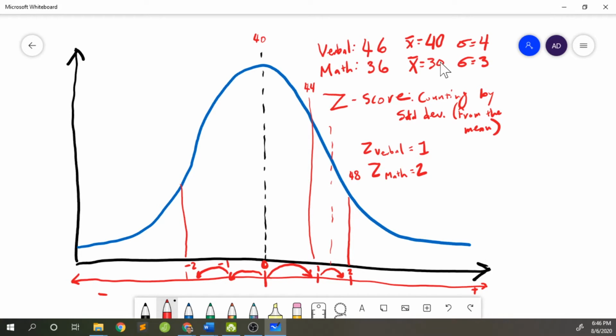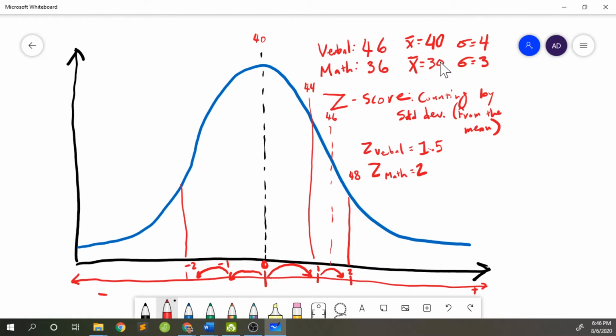We can figure out that we would be at 46, which is exactly halfway in between these two. So instead of a 1, that would be a 1.5. A z verbal of 1.5. Because 40 plus 4 would give you the 1, and then an extra half again would get you to the 46, so we need 1.5.